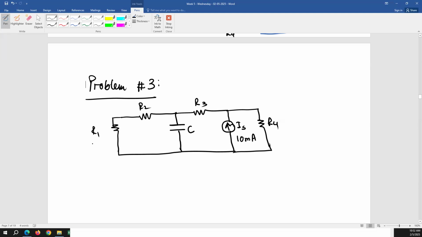R1 is 1.6 kilo ohm, R2 is 2.2 kilo ohm, R3 is 3.6 kilo ohm, and R4 is 4.7. And the capacitor we can take as 100 microfarad.